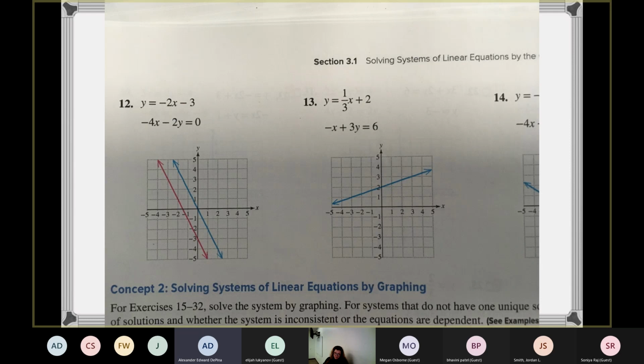Oh, how about number 12? Not the last one, 13. So what's 12 again? We just did it. No solution. And that would be IINS. And 13 is what? We can do the math.